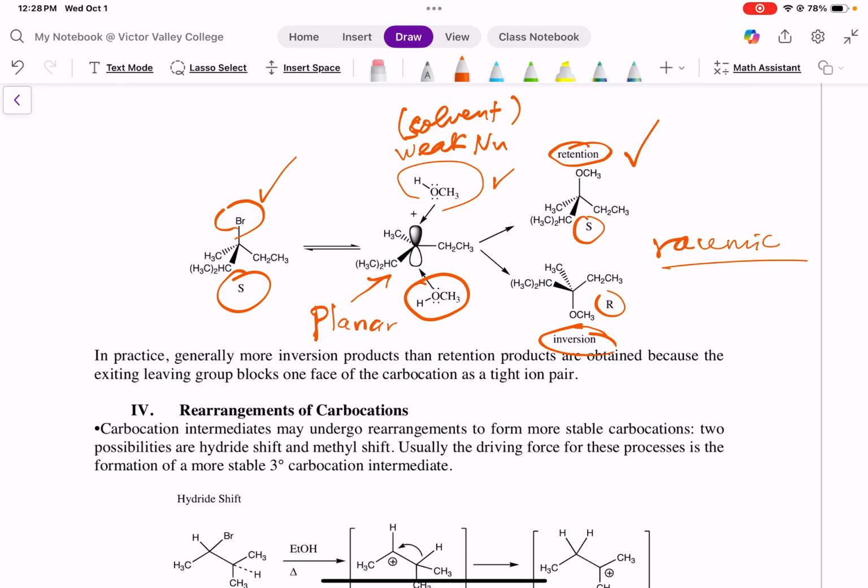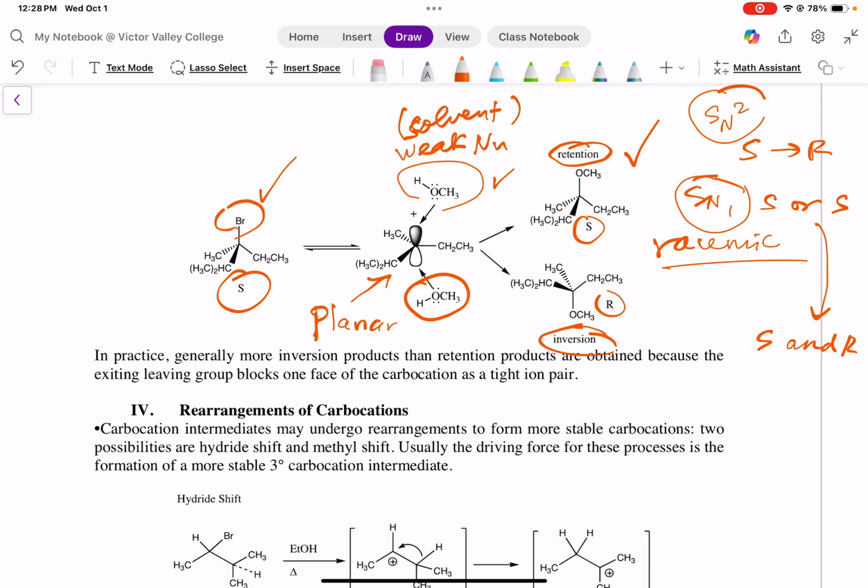You start out with S, you get only R. For SN1, you start out with whatever, you always end up with S and R. Regardless of whatever you start out with, you always get a mixture. That's the difference.